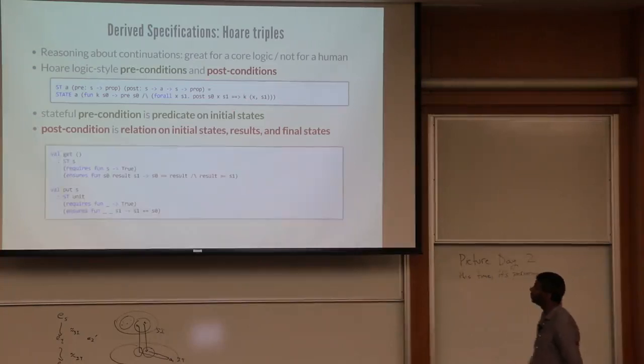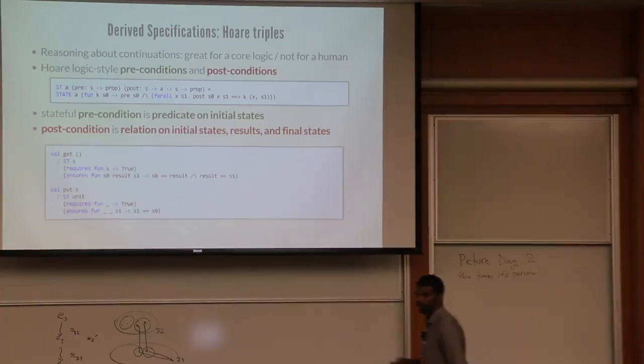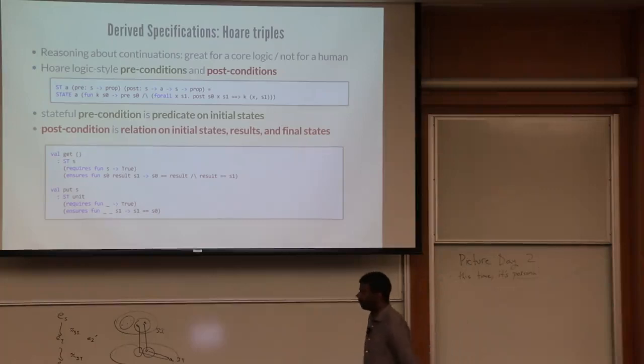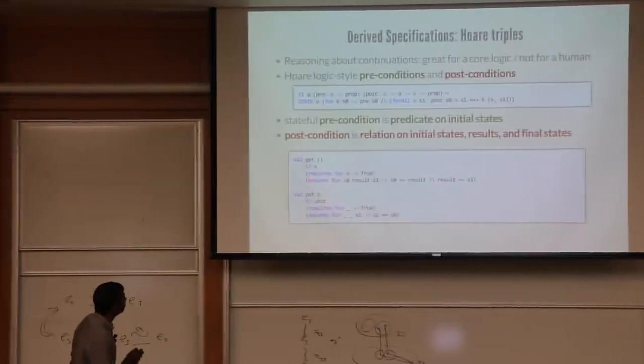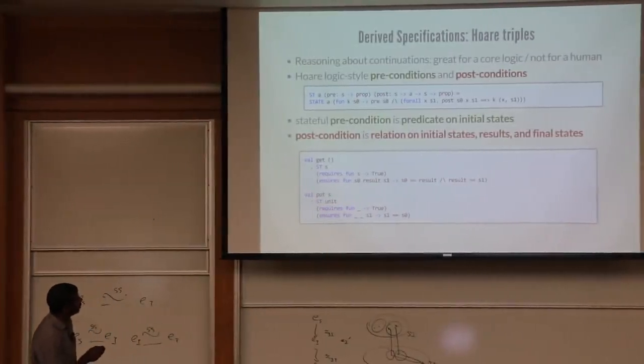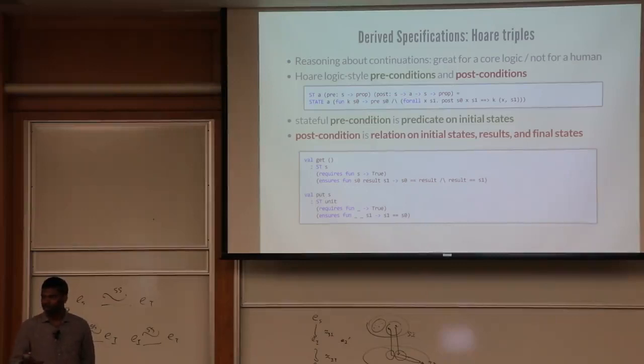Okay? And then things like get and put can be given specs that are maybe more familiar than WP specs. Here's what the spec of get and put look like in F*. We have a bit of sugar, requires and ensures. They actually have no semantics in F*; they're just tags there to help you read. The type of get is a function that takes unit, and it's an ST computation returning an S, the state.